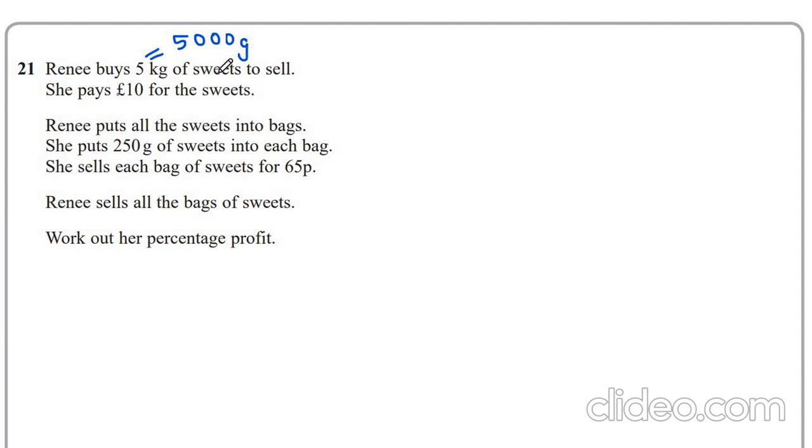So if that is divided and put into bags with 250 grams of sweets in each bag, that means the number of bags is going to be 5,000 divided by 250. Twenty bags.